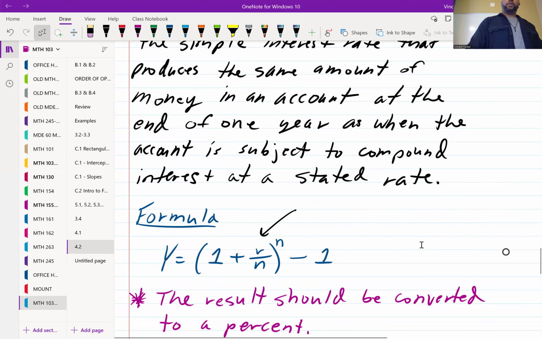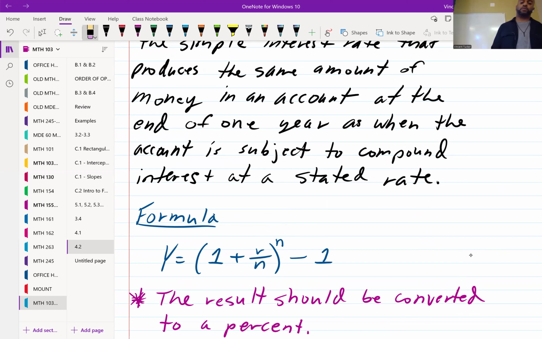All right, so our formula is y equal to 1 + r/n raised to the nth power minus 1. And the result should be converted to a percent.